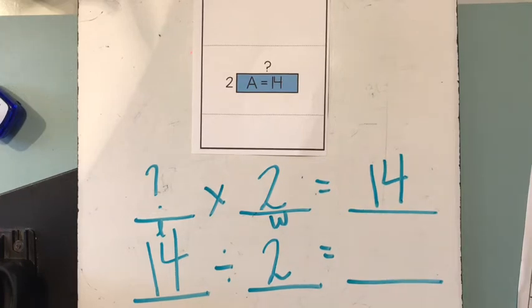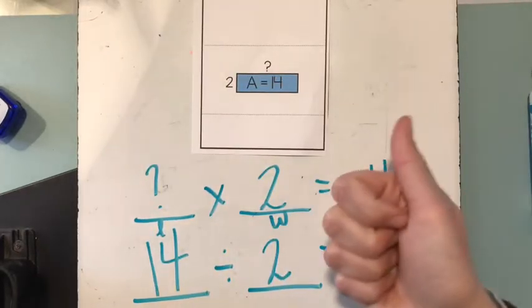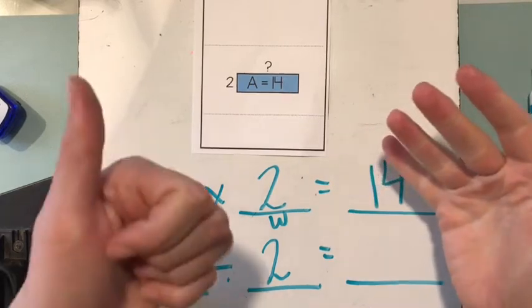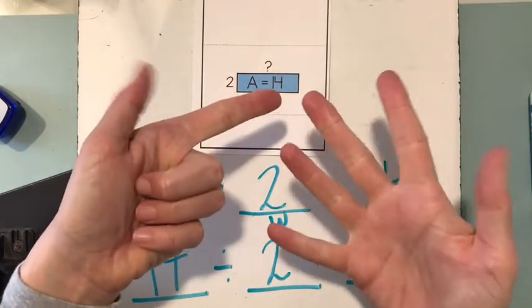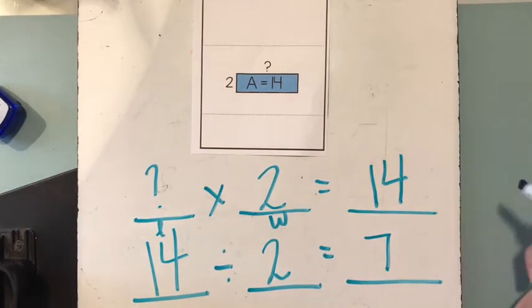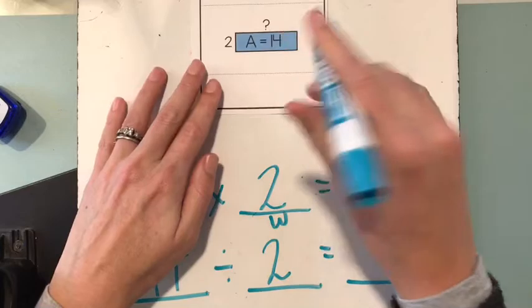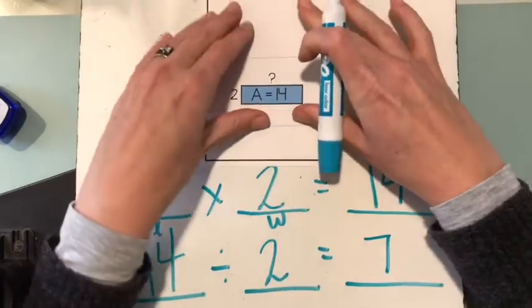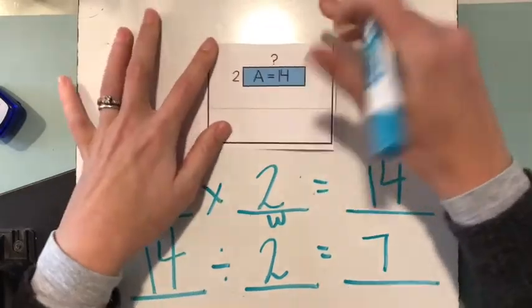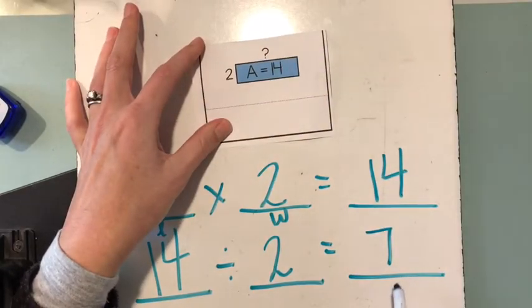Well, I can use my skip counting number line, or I can simply just use my fingers and skip count. 2, 4, 6, 8, 10, 12, 14. So how many times did I skip count? 7 times. So my missing length here, I'm going to just fold this real quick, is what? 7.